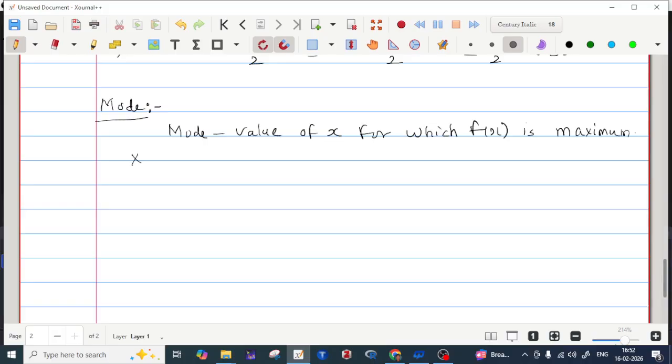Suppose X is a continuous random variable and f of x is its PDF.